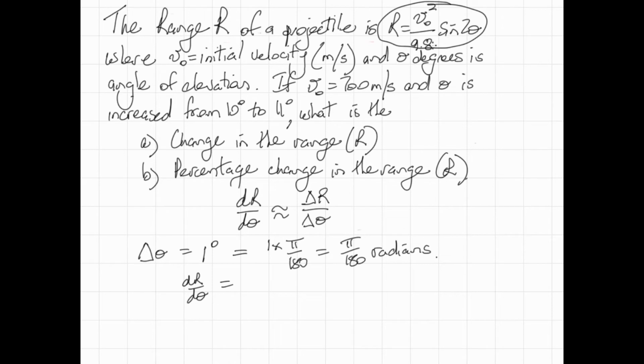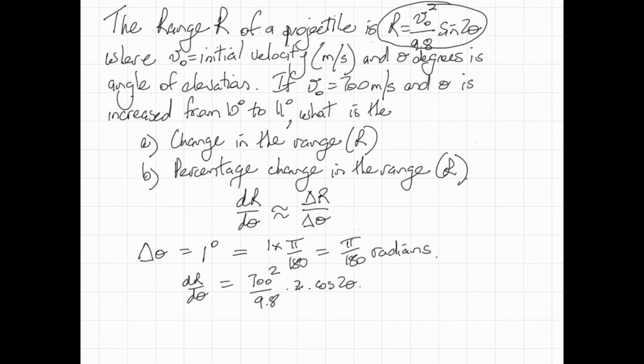The v0 is 700, so it'll be 700 squared over 9.8. Now the derivative of sine 2 theta, this is chain rule as I said, so we find the derivative of 2 theta, and that is equal to 2. So we've differentiated the inside, now we differentiate the outside. The derivative of sine of an angle is cos, so cos of 2 theta.